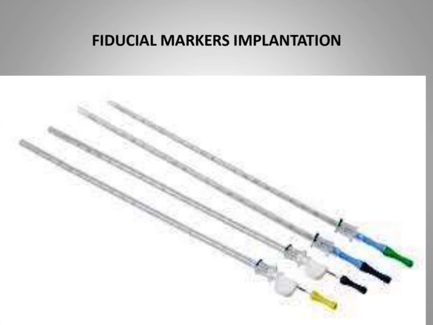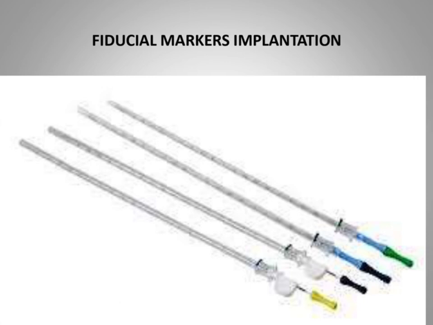So, in IGRT technology implementation, the fiducial markers serve as a surrogate for a soft tissue target when it is difficult to visualize. When the organs are difficult to visualize, the fiducial markers are put in for their movement and alignment. If the tumor alignment cannot be done with the help of bony landmarks, then these fiducial markers are highly required.